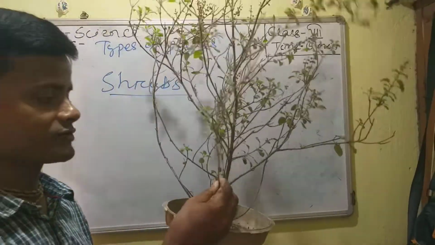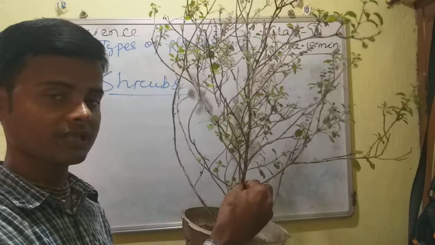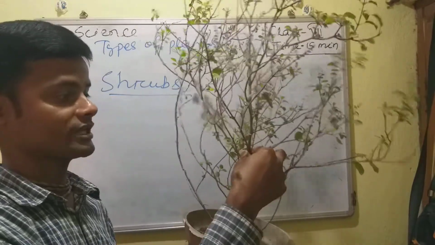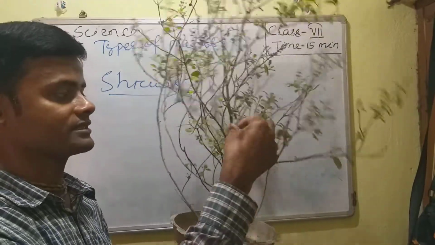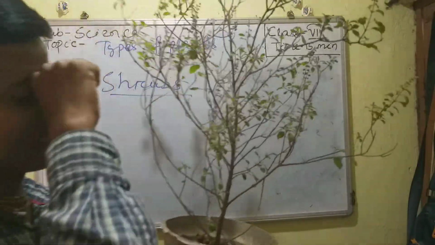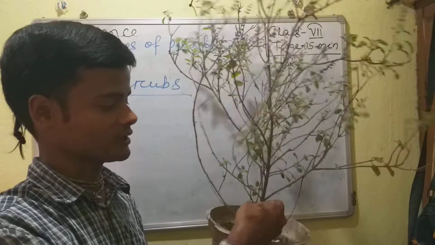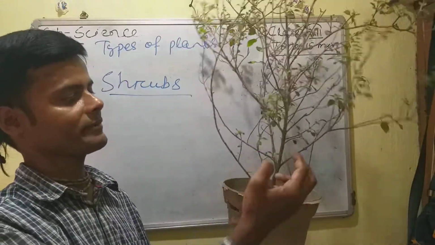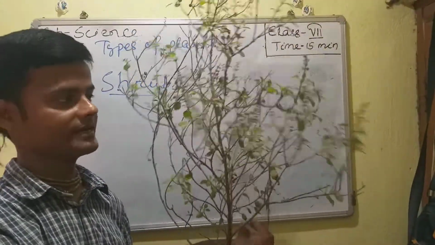If you touch the stems of the plant, the stems are not so thick, right? Thin, and the stems are not soft like the herbs. The stems are hard, and generally these plants make branches at the base. You can see many branches from the base, right?